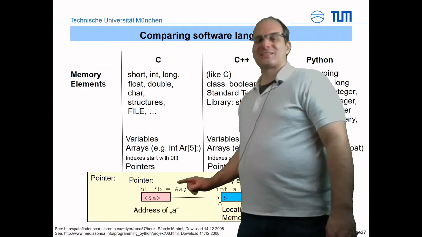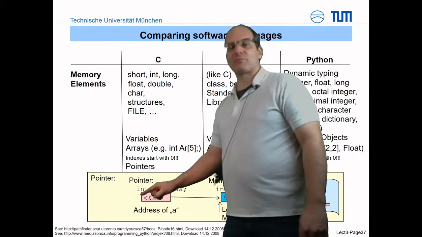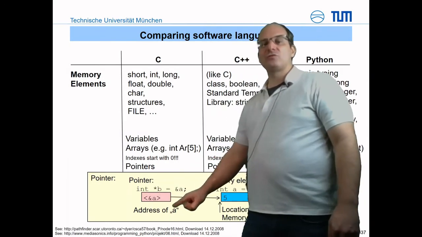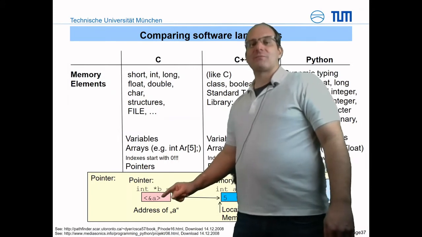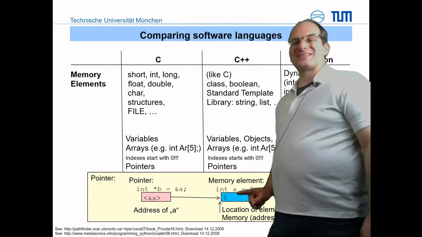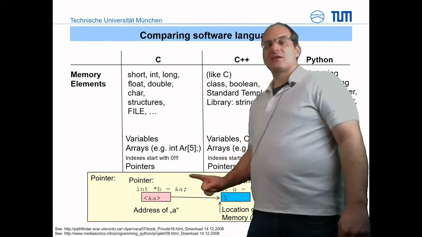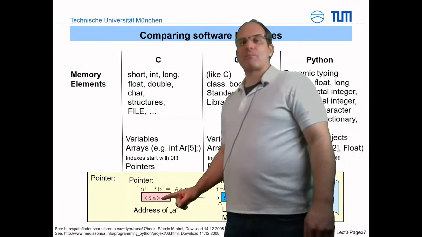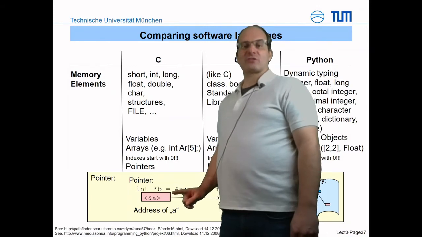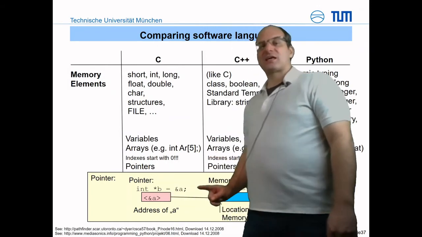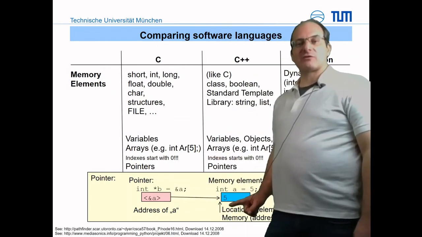So therefore, this is the big difference. Here you just have the pointer of A, and if you do a dereferencing, then you can go to this value. So if you make asterisk B, then you will get the value. If you make B, then you get the address of this value. And it doesn't matter if the value is in the stack or in the heap.